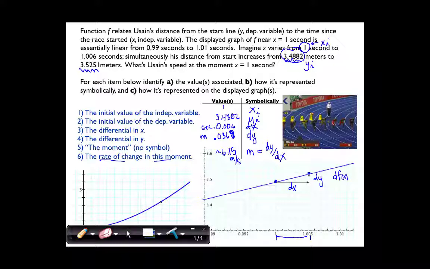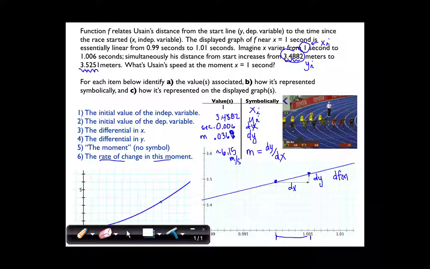As for the moment part that I skipped over, there's not a symbol for it. If I want to talk about where is the moment, this whole second graph here is kind of representative of the moment and the changes within it. The moment is really an increment of the independent variable that we let dx vary through.